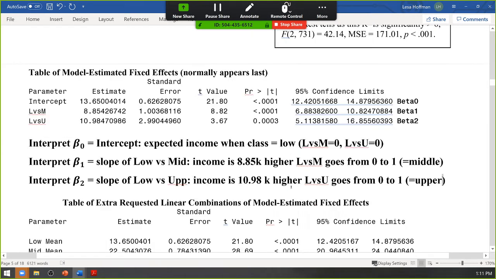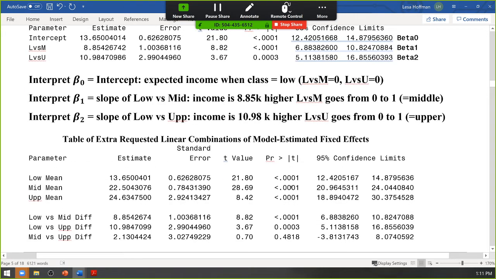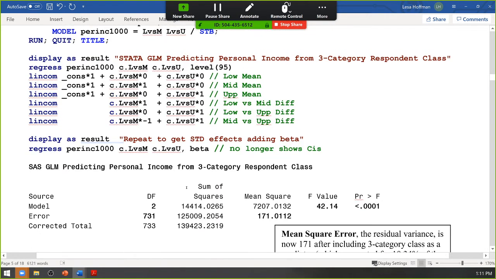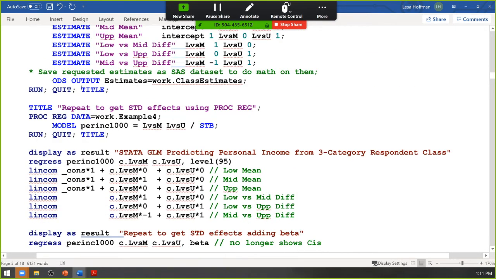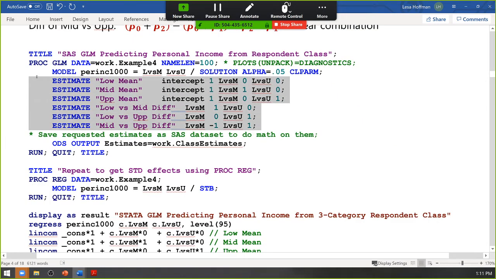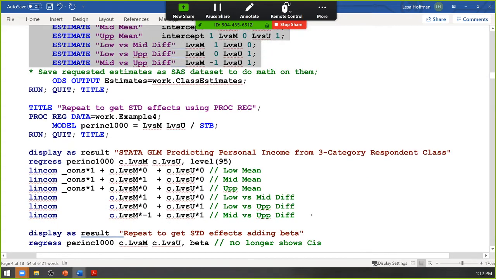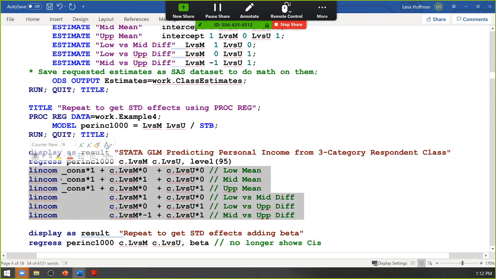So the next table down here, this is the table that results from the estimate statements in SAS. So these things right here, or the LINCOM statements in Stata. What LINCOM stands for is linear combination. That's literally what we're doing here.